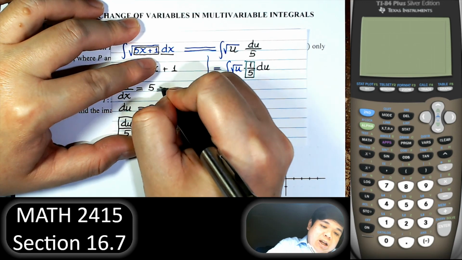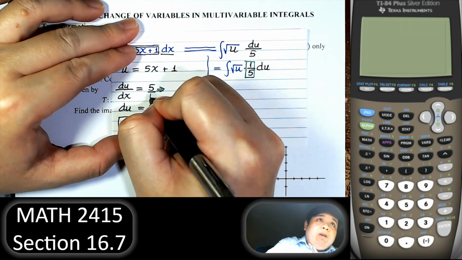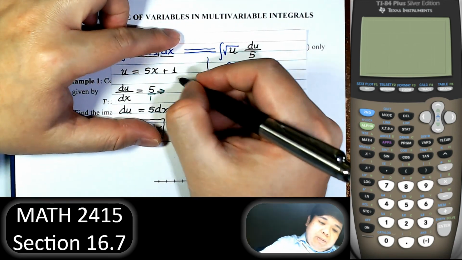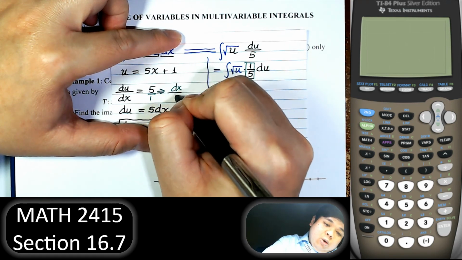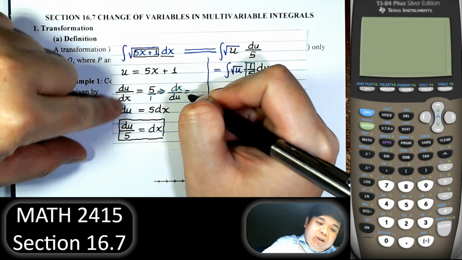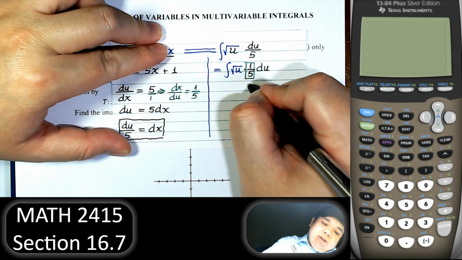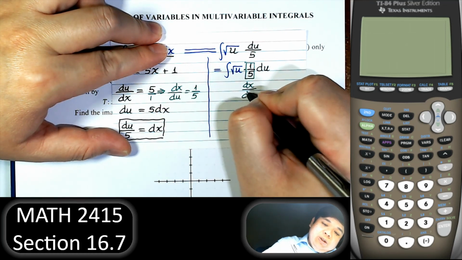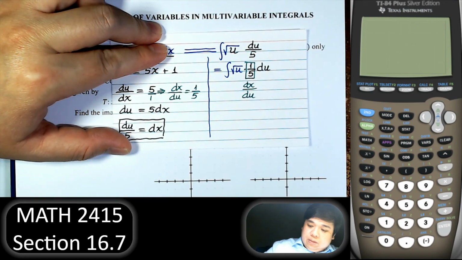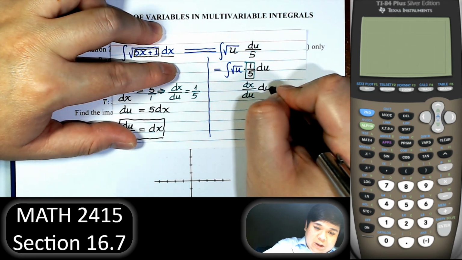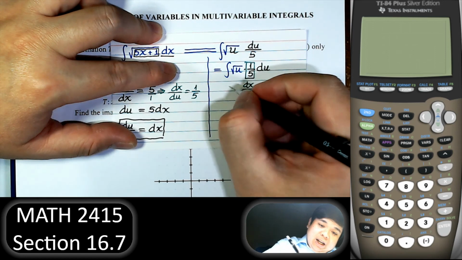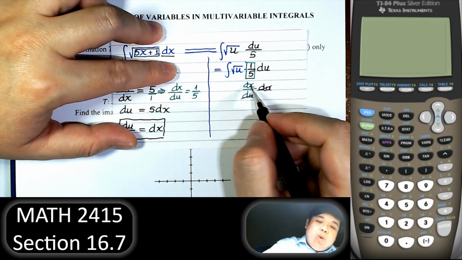So what happens if we write 5 over 1 and flip both sides? We can say dx over du is equal to 1 over 5. Now I substitute, 1/5 is dx over du, and then I can cancel out. So that's why I get back to dx.